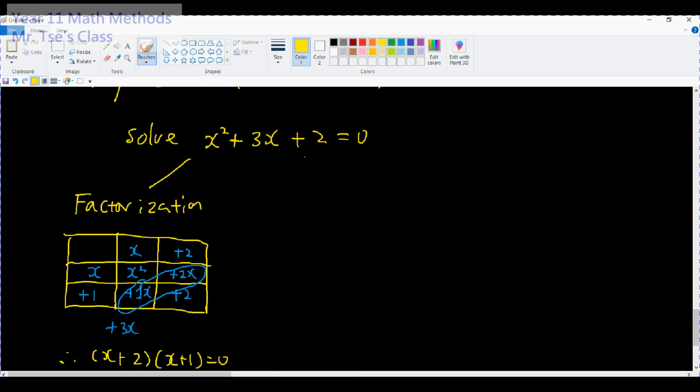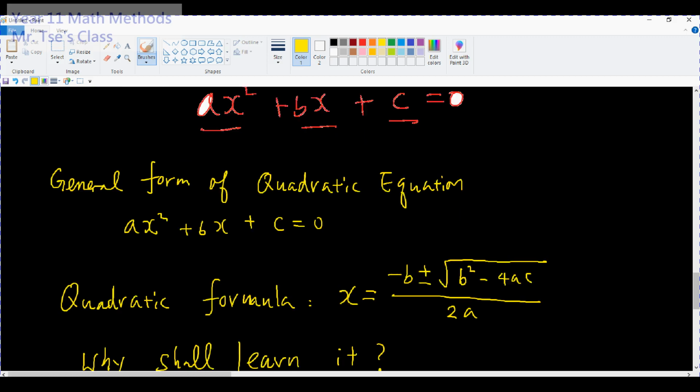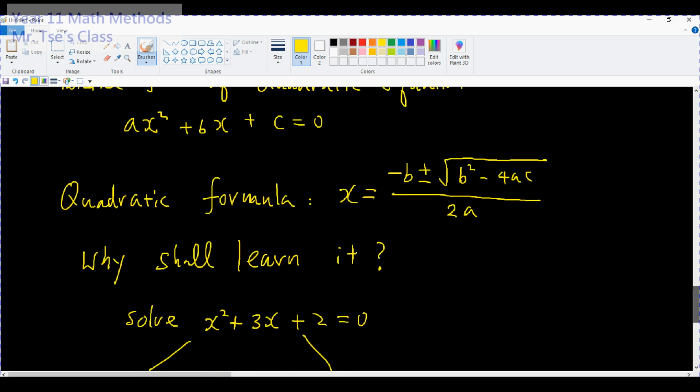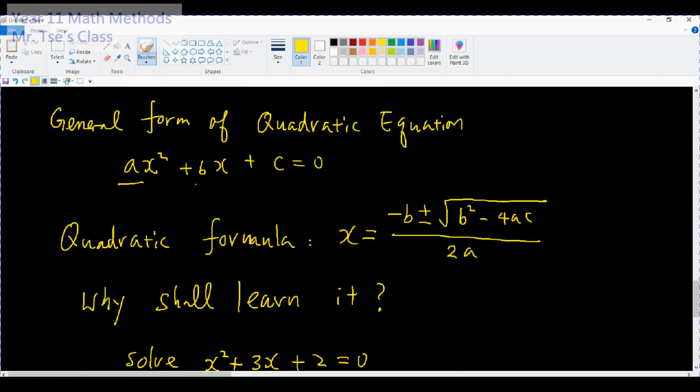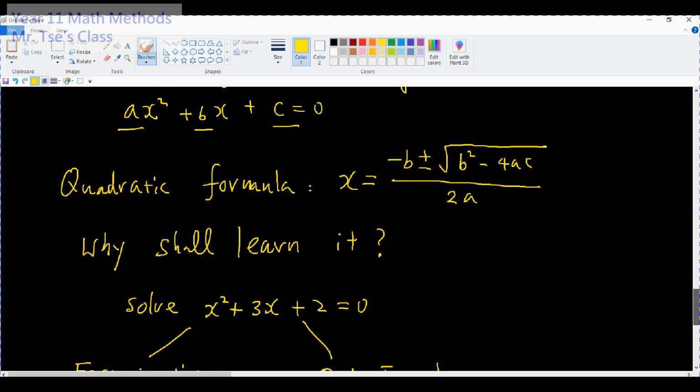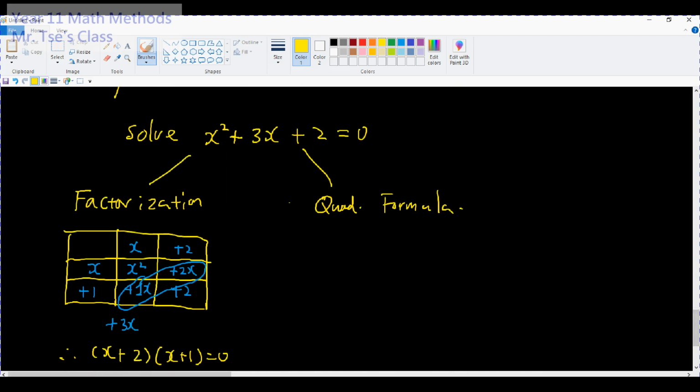But let's try the quadratic formula. To use the quadratic formula, you need to get a, b, and c first. What's a? a is the coefficient of x squared, so a is just 1. b is just 3, and c is just 2.